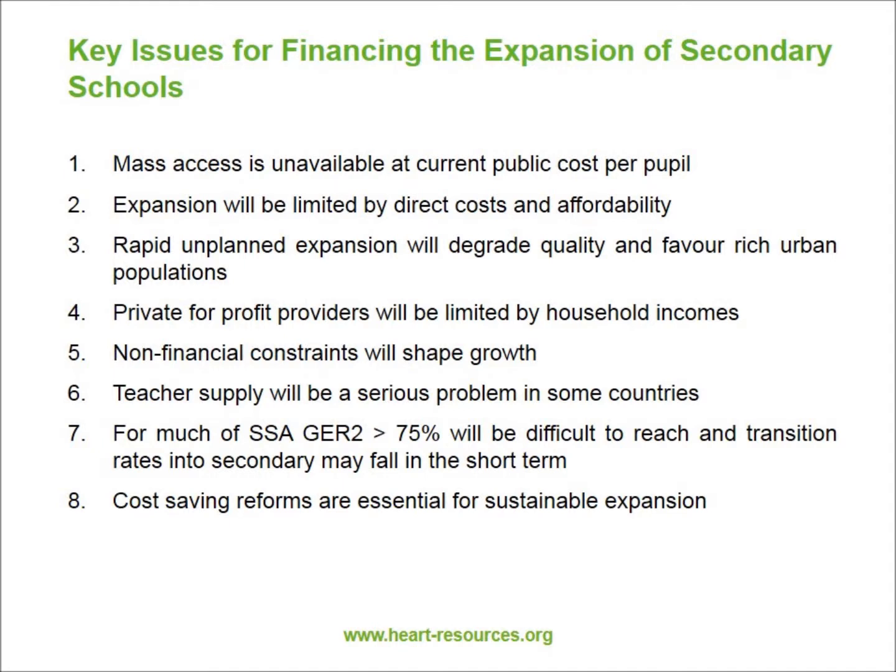Cost-saving reforms will be essential to achieve these kinds of goals, but they must be coupled with the realisation that for students from the lowest 3 quintiles, the service must be essentially free at the point of delivery. So those are some of the key issues that will surround policy debates about how to expand secondary schooling at affordable cost.